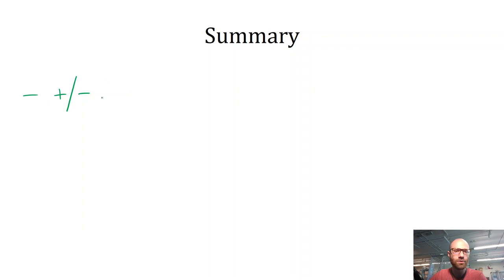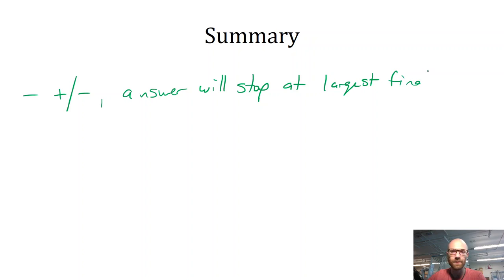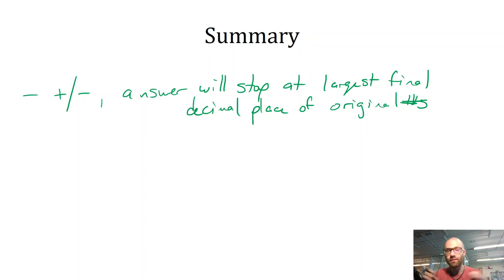When you're adding and subtracting, we'll stop at the largest final decimal. Whichever is your worst, furthest left, biggest final decimal, that's going to dictate how you need to round your answer.